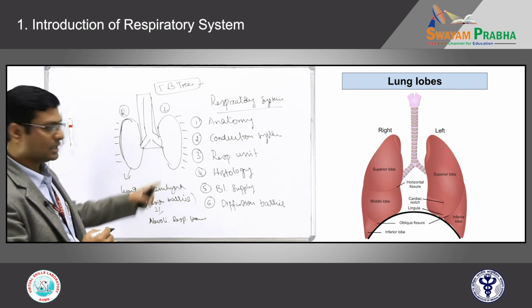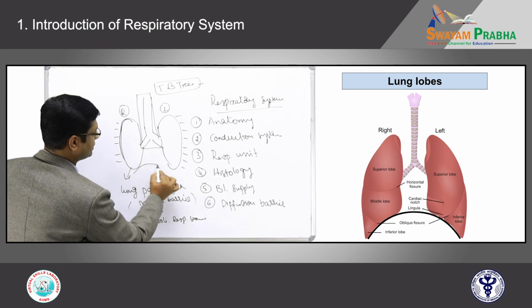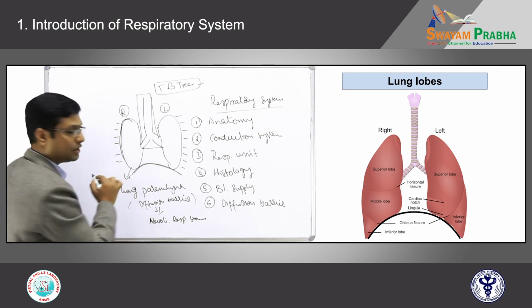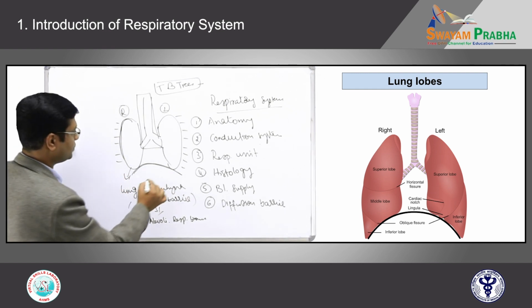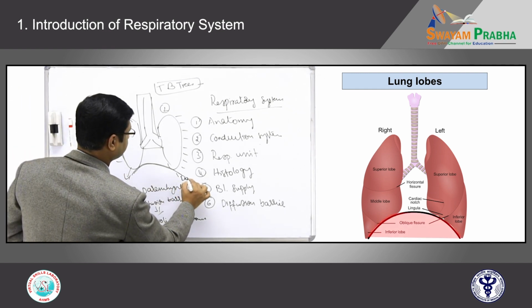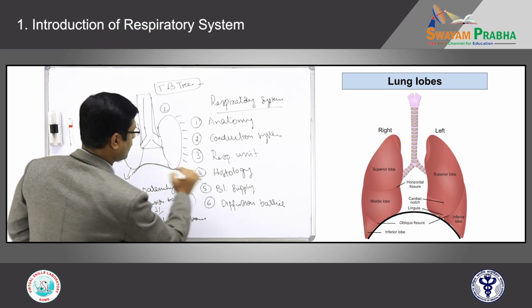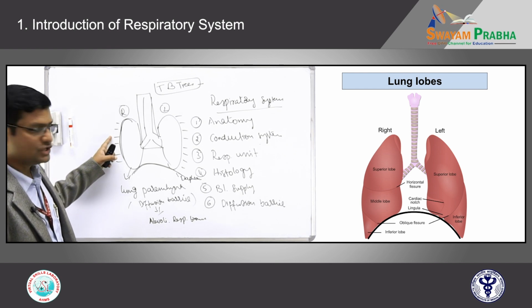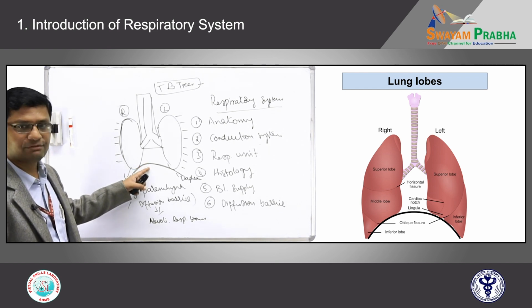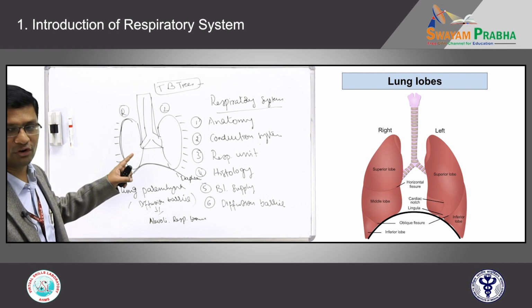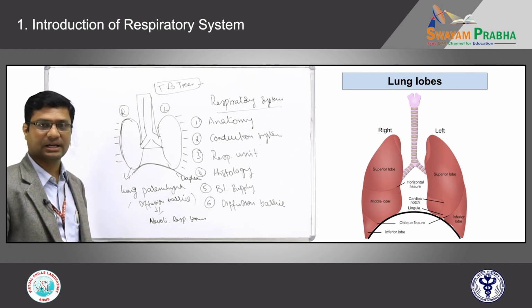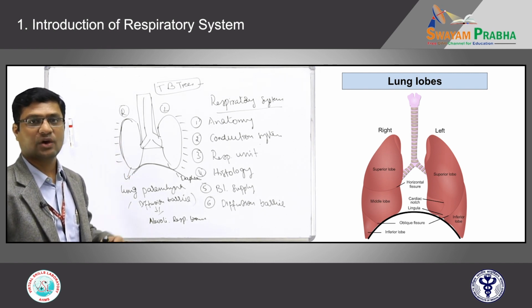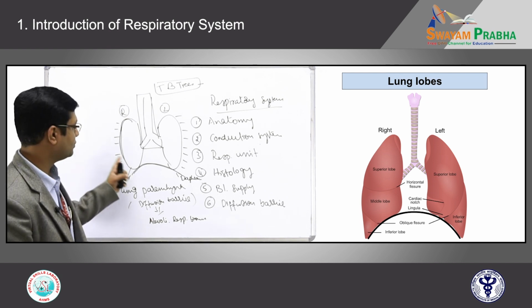These two lungs are separated from the abdominal cavity by a fibromuscular sheet, which we call the diaphragm. Why is it important? Both the thoracic cage and the diaphragm are responsible for the normal physiology of the lung, the inspiration and expiration when required. So all of you should remember.